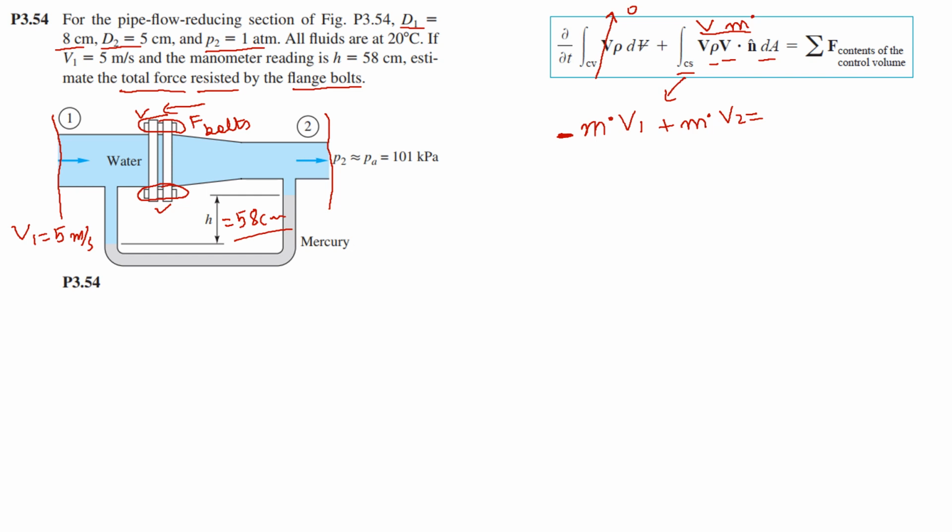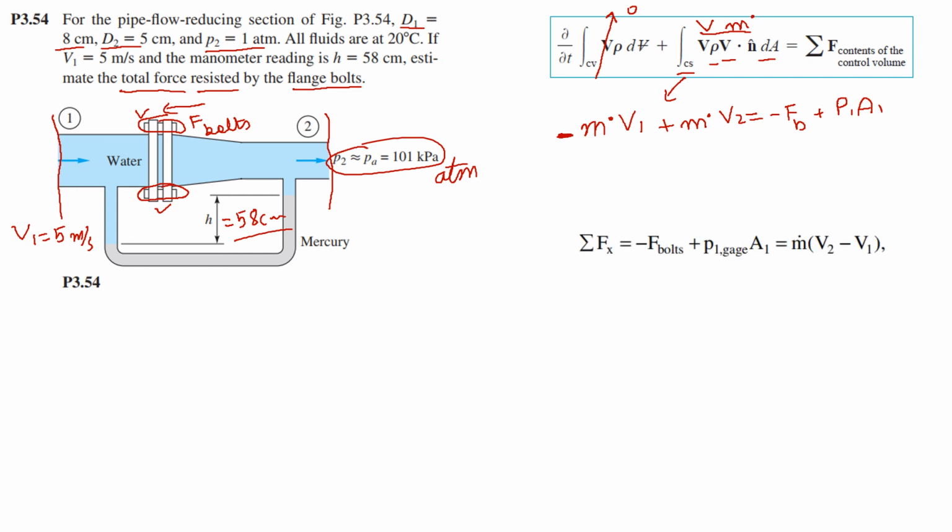So one is the forces that the bolt will provide to hold this assembly, and the pressure forces at P1, so that will be equal to P1 A1. Okay, the pressure forces at P2 will be neglected, because at P2 the pressure is atmospheric, so we are going to neglect these pressure forces at section 2.